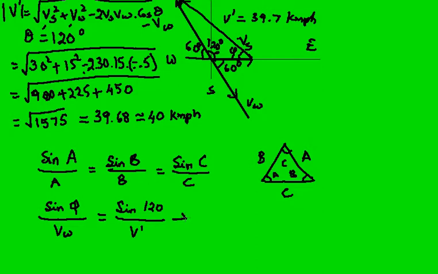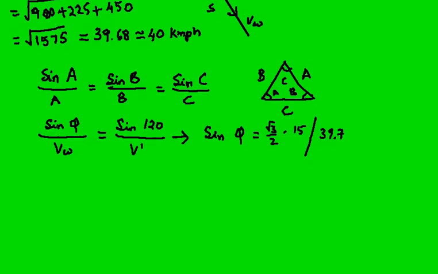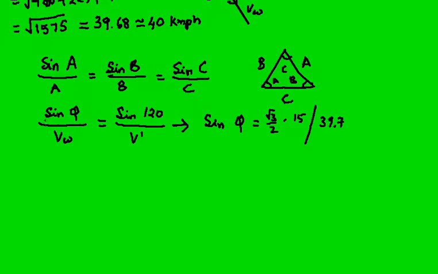So this can be written as sine of phi is equal to sine of 120, which is root 3 by 2, multiplied by vw, vw is 15, divided by 39.7. So solving this equation would give you the sine of phi.